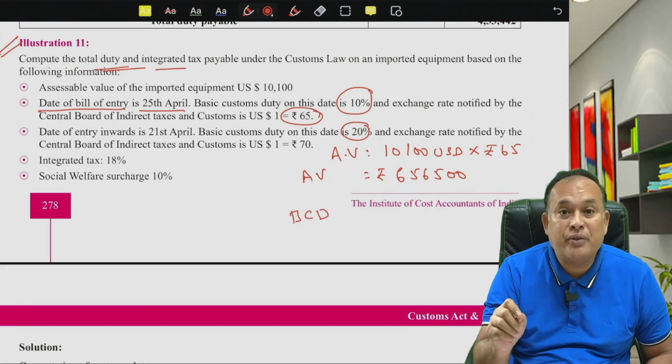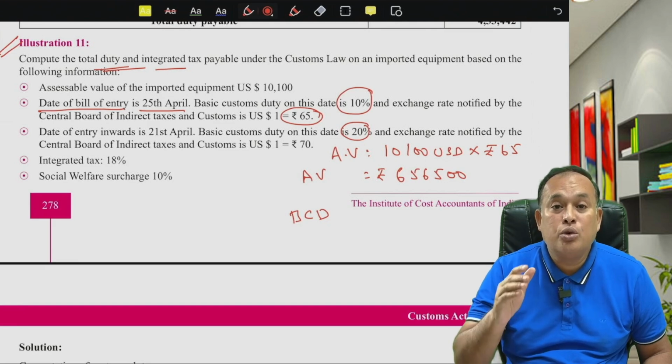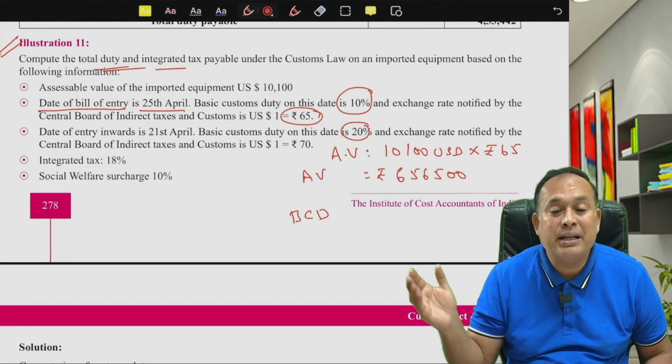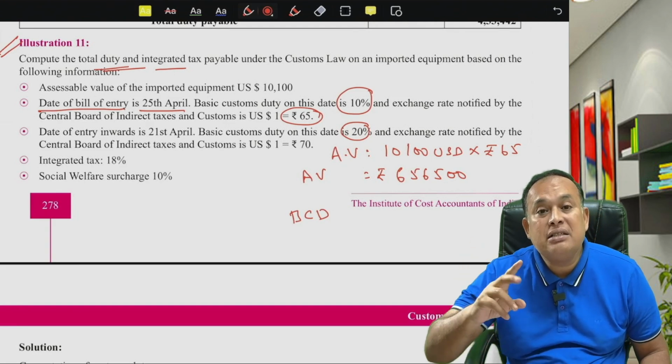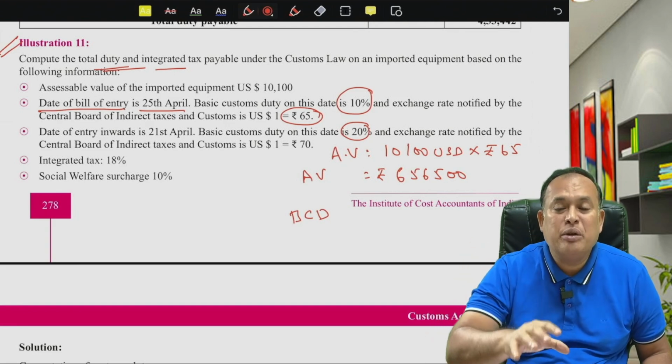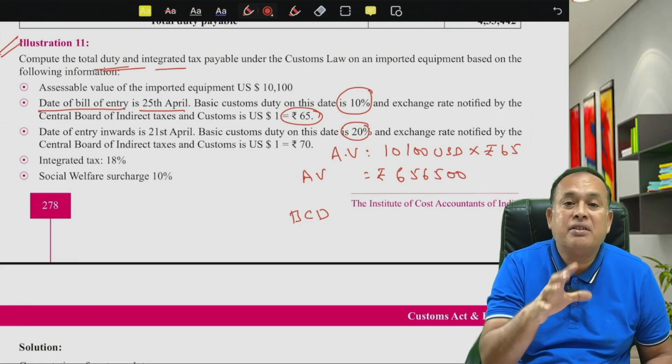Technically, the taxable event is the time goods cross the customs barrier, which is simplified by saying at the time of submission of bill of entry or entry invoice granted, whichever is later.